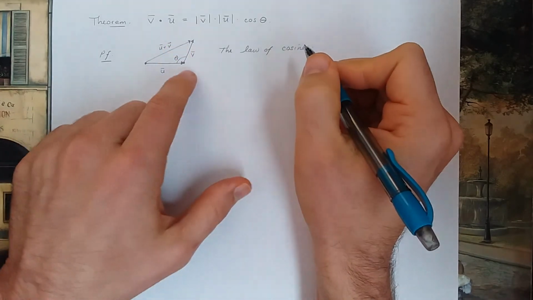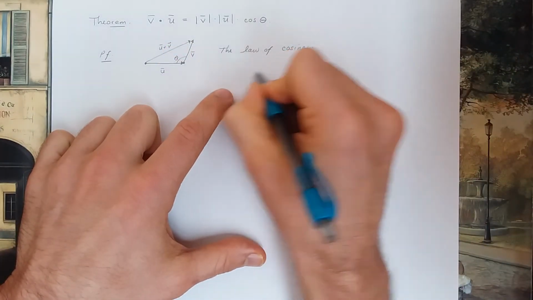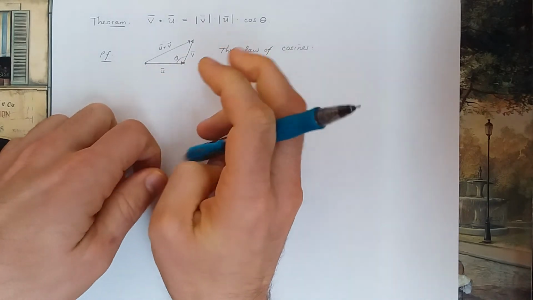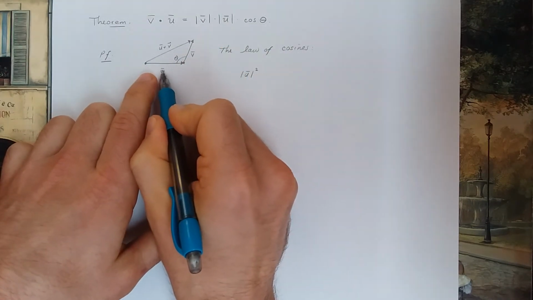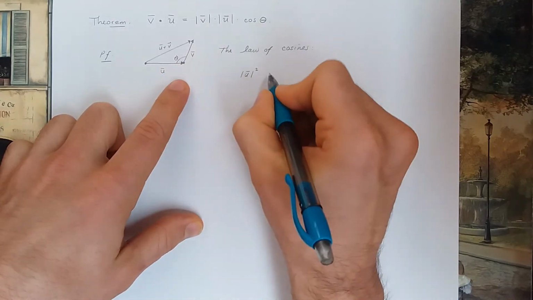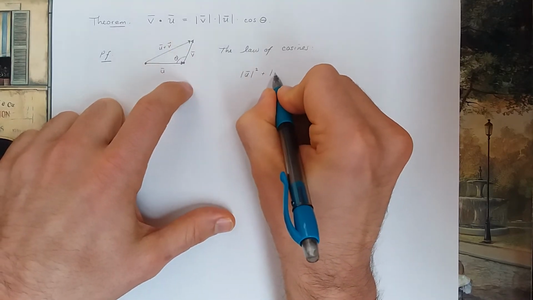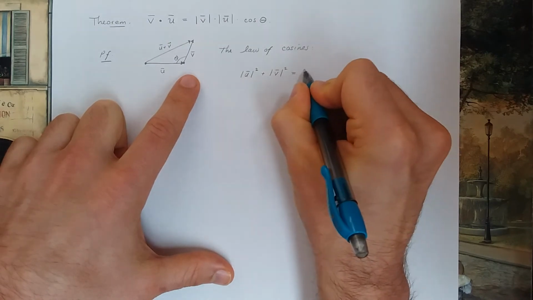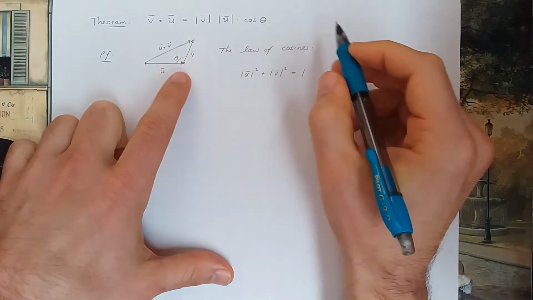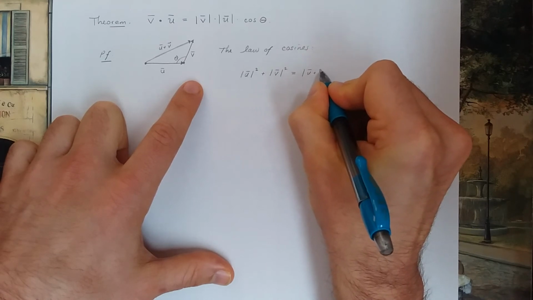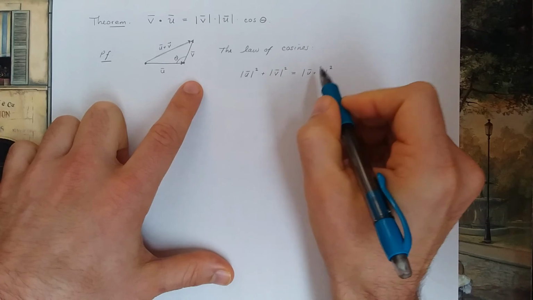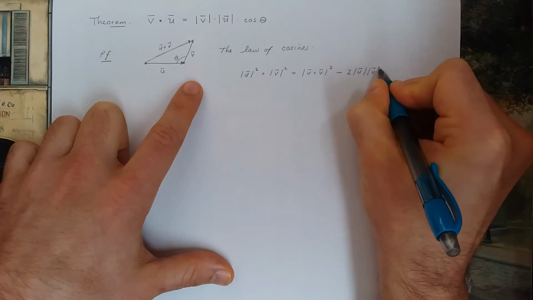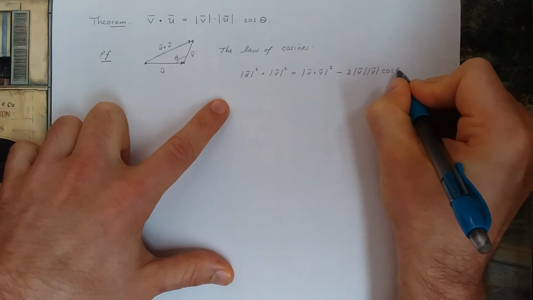If you have a triangle like this, it says that the length of this side is the magnitude or the length of u, that side length squared, plus the length of v squared, so the length of this side squared plus the length of this side squared, is equal to the length of the hypotenuse squared, u plus v squared, minus 2 times the length of u times the length of v times cosine the angle between them.